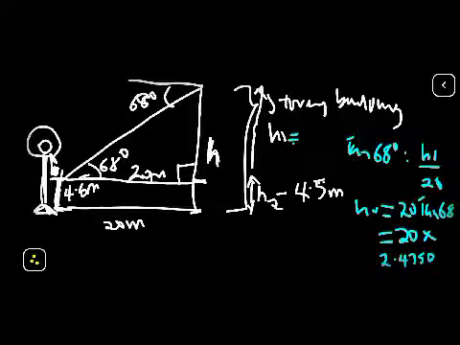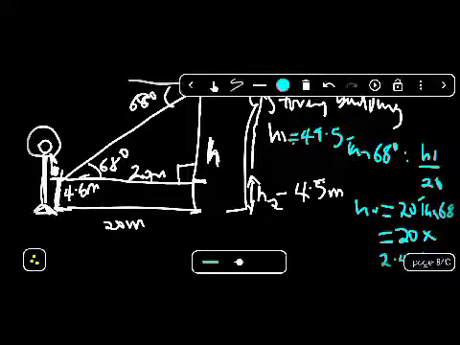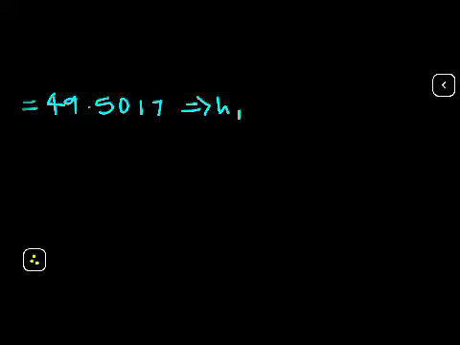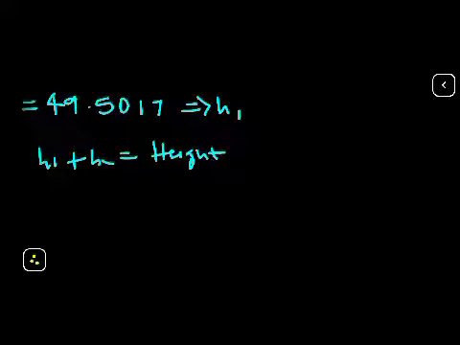h2. So we know that h1 is 49.5. Let's just put it as 0.5 here. So if we add h1 plus h2, we get the whole height of the story building. So h1 plus h2 equal to height of the story building. So that is 49.5 plus, that was 4.5, right? 4.5.